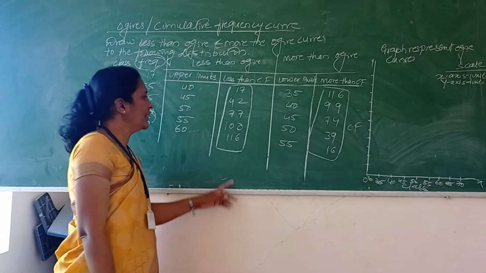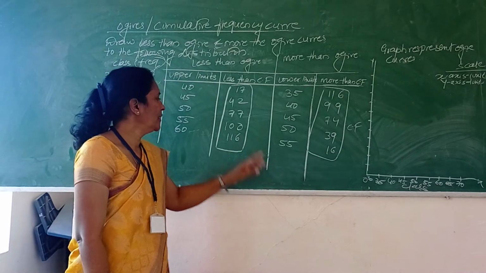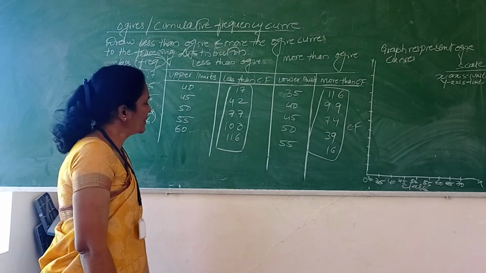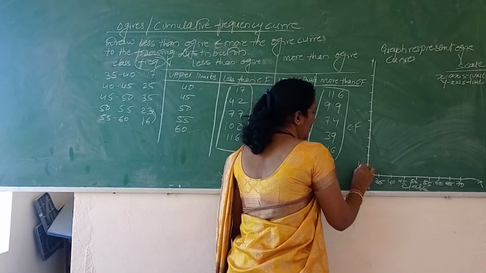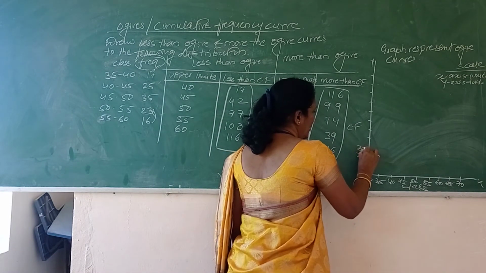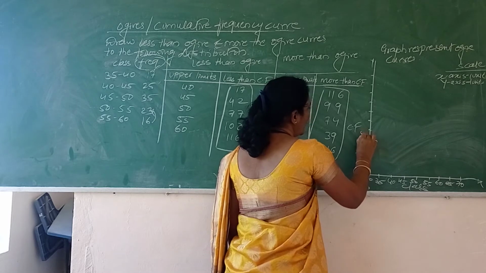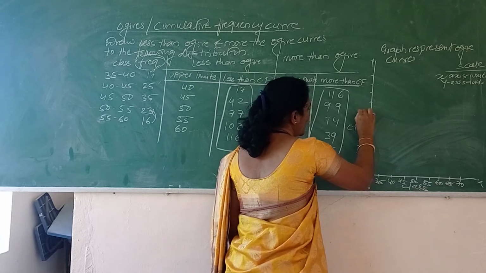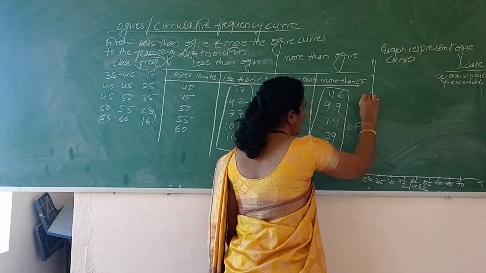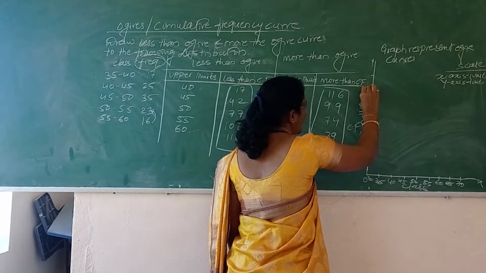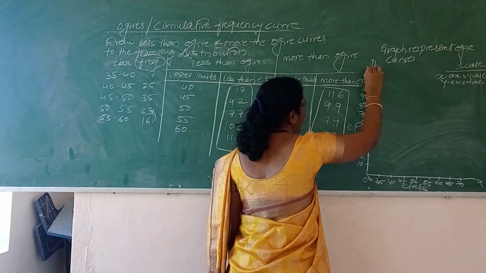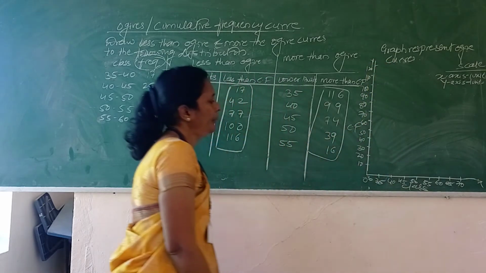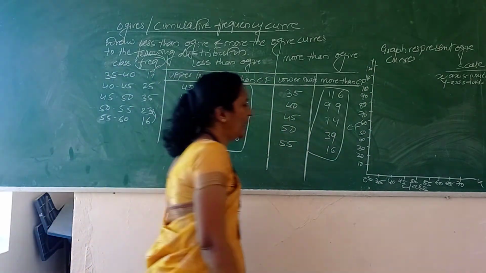Your minimum is 16 and the maximum is 116. So we will take 10, 20, 30, 40, 50, 60, 70, 80, 90, 100, 110, 120. So the gap is 10.